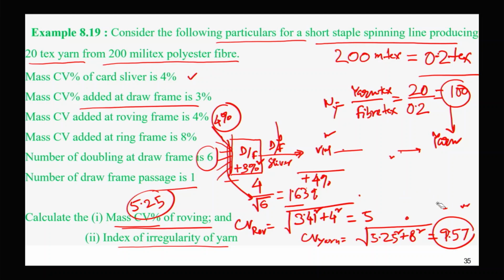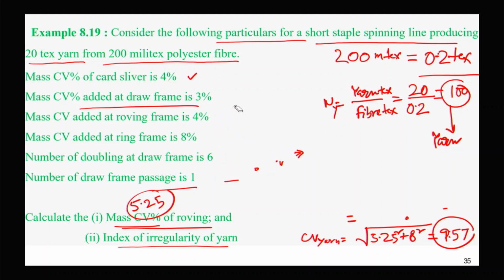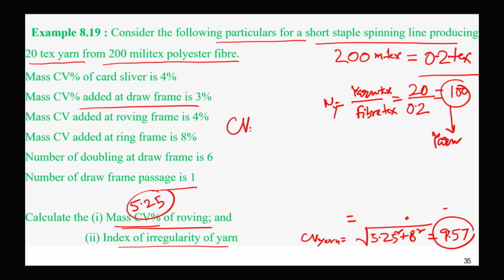CV of yarn, and next it is asked what will be the index of irregularity of the ring frame where yarn is being formed. We want to know the index of irregularity. If you want to calculate it, you have to calculate the CV limit irregularity.